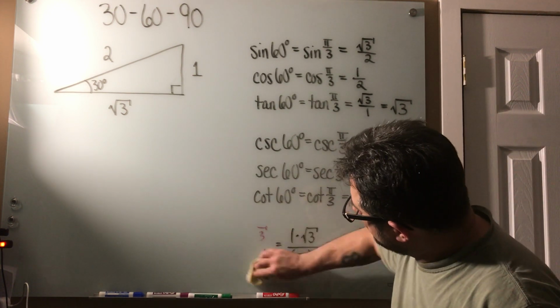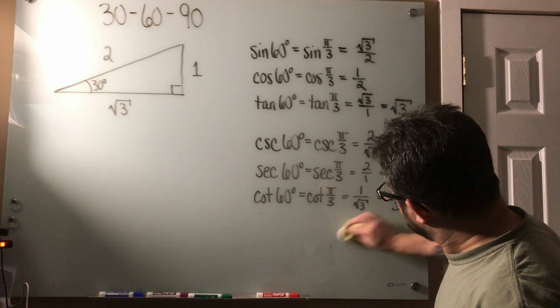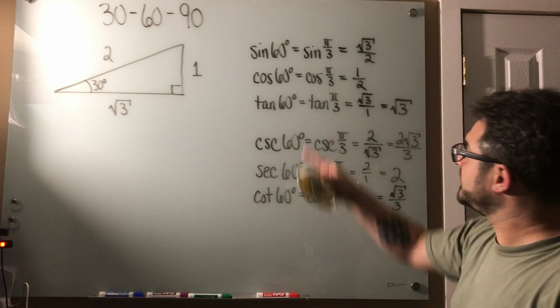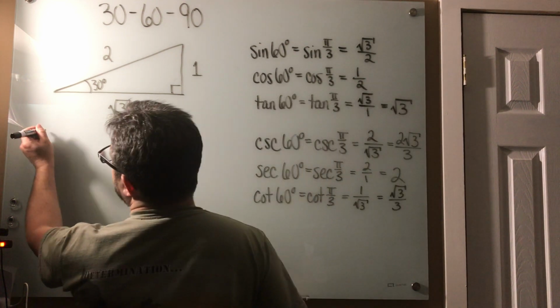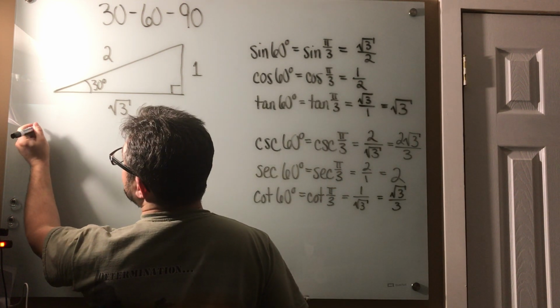So I'm going to leave the trig functions of 60 degrees up here because I want them for comparison. But what we want to do here is look at the trig functions for 30 degrees.